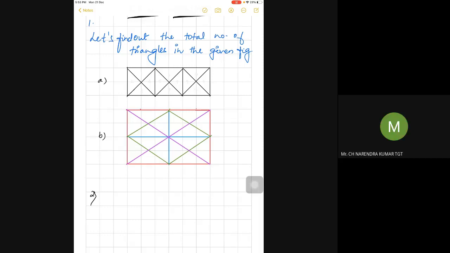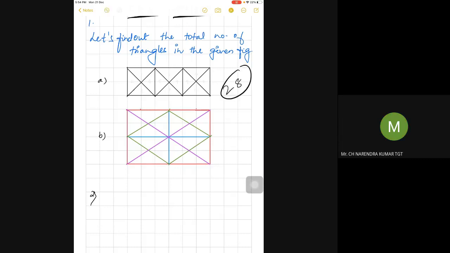Each box will give 8. Any other answer? Sir, 28. 28. Exactly. Yes, sir. 28 is the right answer.